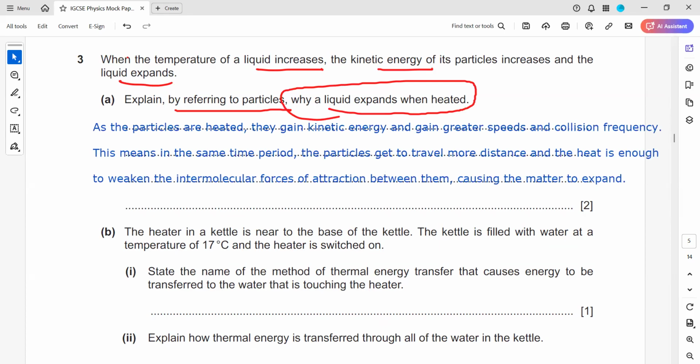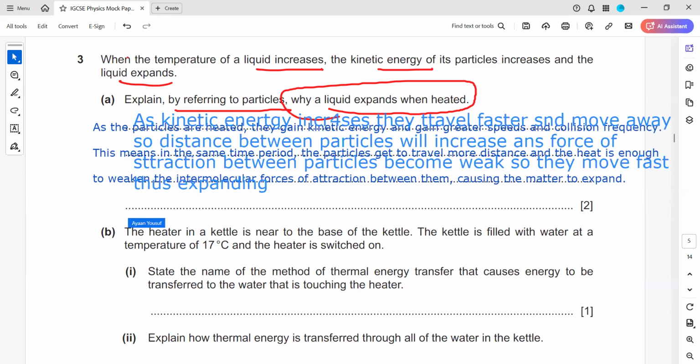But the precise answer is: as you supply the heat energy, the particles move faster, so the forces of attraction between the particles get weaker. With less force of attraction between the particles, they will move away from each other.